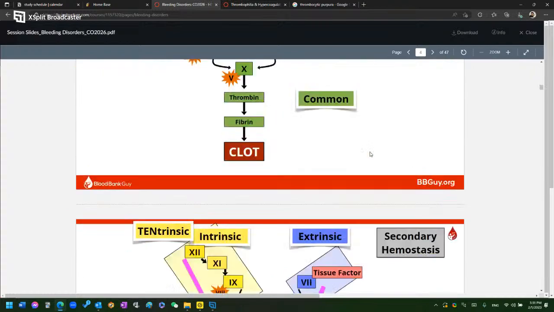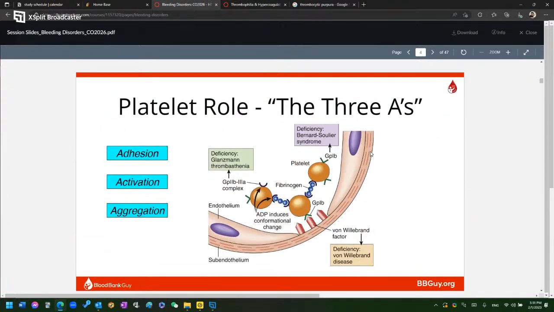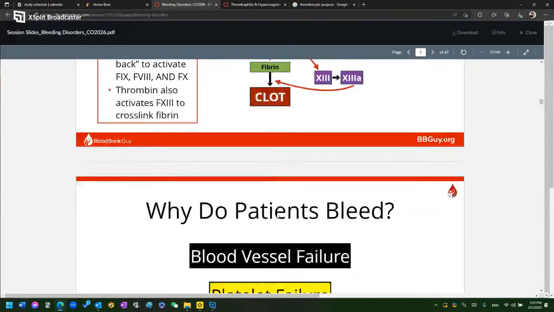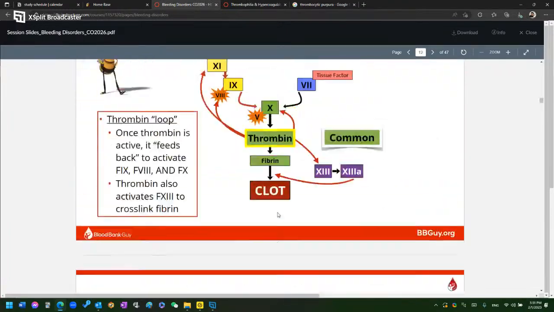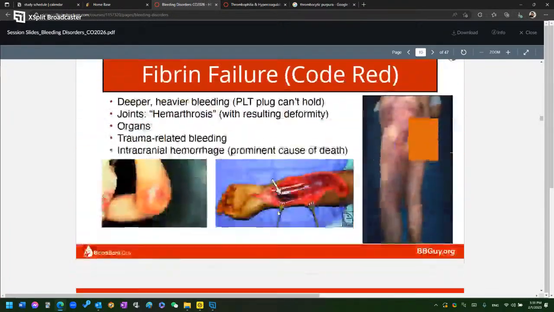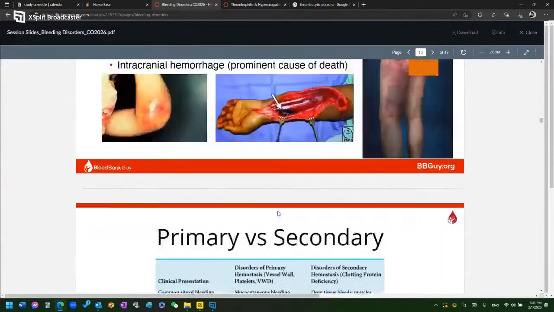Let's take a look right here. I think he had a picture that shows us the problems associated.